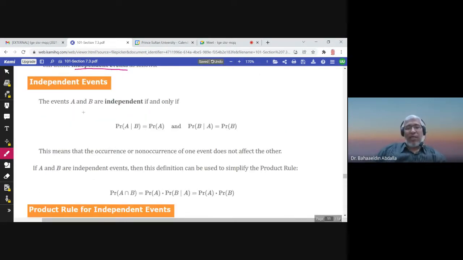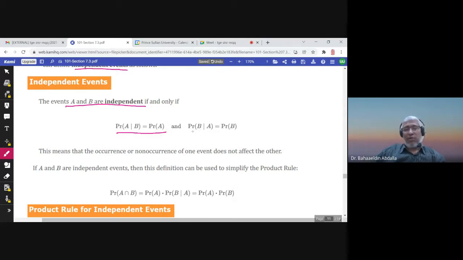So A and B are independent if and only if probability of A given B equals probability of A. So the unconditional probability of A is equal to the conditional probability of A. B as a condition did not change the probability.